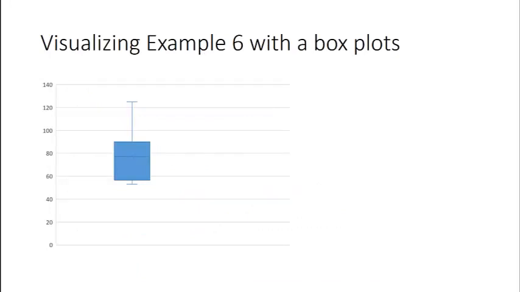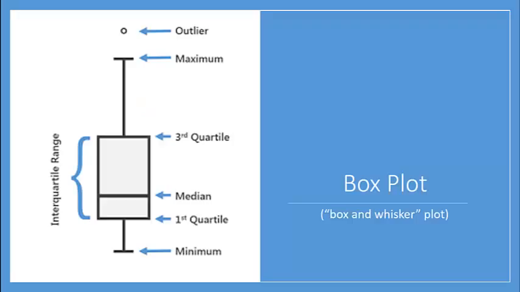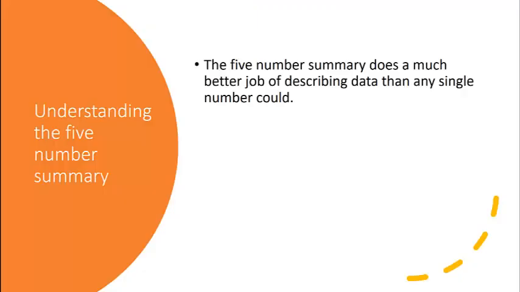Here's a visual of our 5-number summary using something called a box plot. So the box plots include our minimum value, our first quartile, median and third quartile, our maximum, and any outliers if your data set has one of those. So how do we understand the 5-number summary? Well, it does a much better job of describing data than any single number could, just a mean, median, or mode.